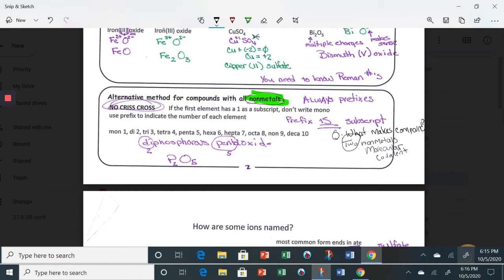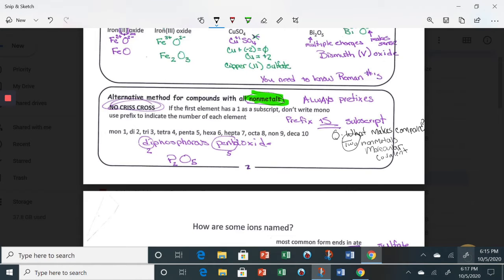So if there is a metal, you would not use this. You never use a prefix for a metal. Not in the scope of our class. I need to make that clear because when you go on in chemistry, you learn about lots of different types of compounds that can be made. We're talking basic building blocks, baby steps.